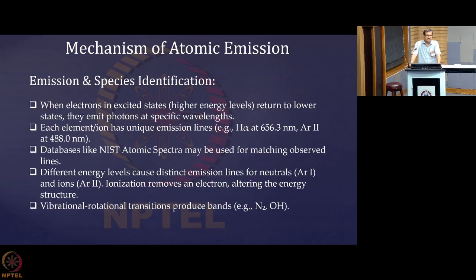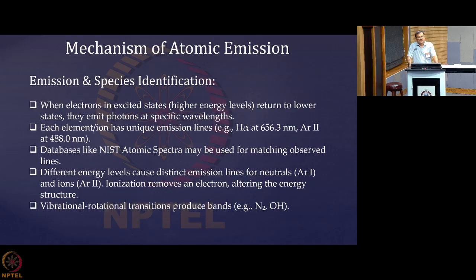Now you know, rotational and vibrational transitions produce bands, and they are very characteristic of the molecular transitions. Like we very frequently encounter the nitrogen molecule, and the OH radical when you break H2O, so H and OH.